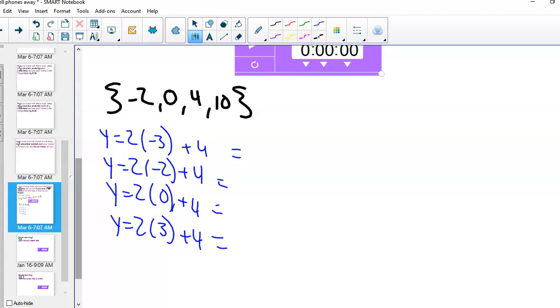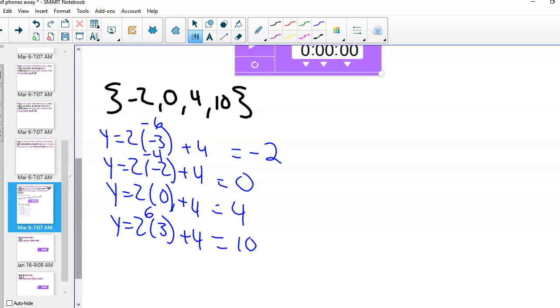So 2 times -3 is -6. -6 plus 4. Oh, wait, no. It is a negative. Yeah, -2. I'll do that. 2 times -2, -4. And then -4 plus 4 is 0. 2 times 0, 0. So this was just 4. 2 times 3, 6, and then 6 plus 4, 10.